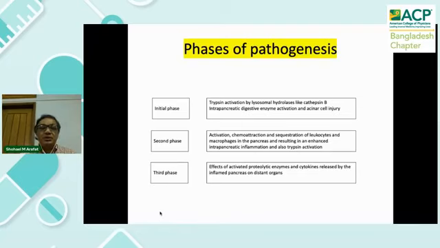So trypsin is doubly activated: once by other factors, and also by chemotacted neutrophils. And the third phase is the effect of the activated proteolytic enzymes and cytokines released by the inflamed pancreas.